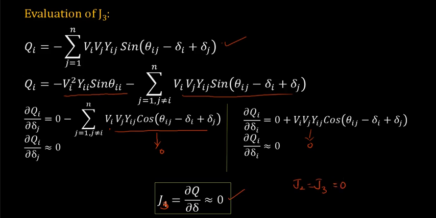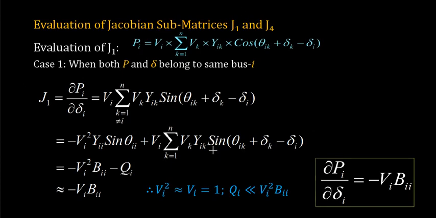Now we'll have to evaluate the other terms, that is J1 and J4. So J1 is the differentiation of active power with respect to delta. So once you differentiate this active power with respect to delta, the first term is this minus VI squared YII sin theta II.